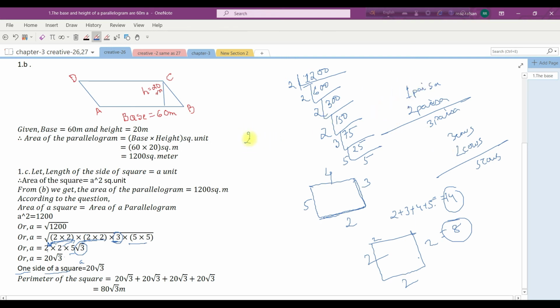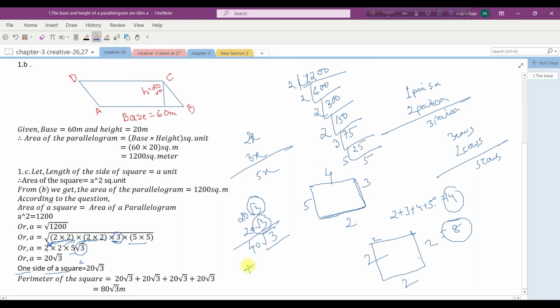And like an algebraic expression, 2x plus 3x, you just find 5x. So there is an interesting fact: 20 root 3 plus 20 root 3, the ultimate is 20 plus 20, just write it 40, and you don't have to calculate this root 3, you just keep it as root 3.